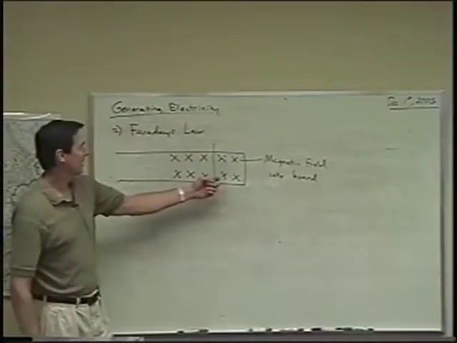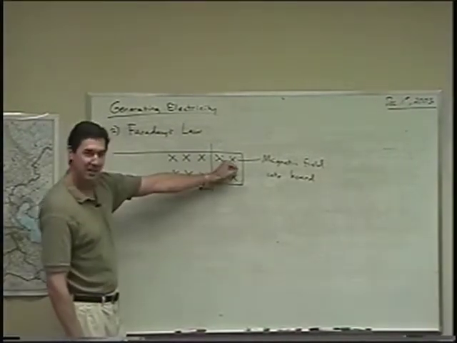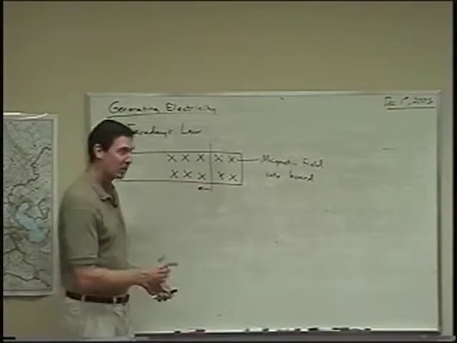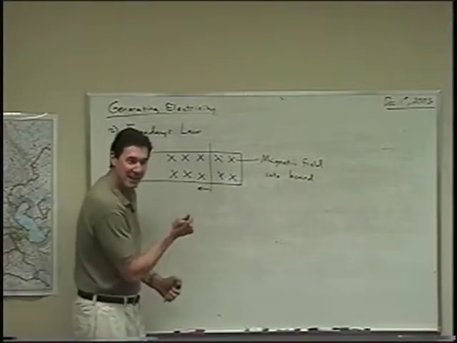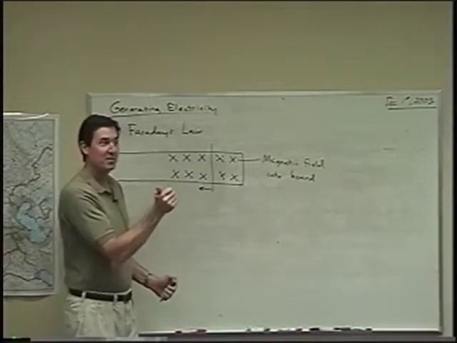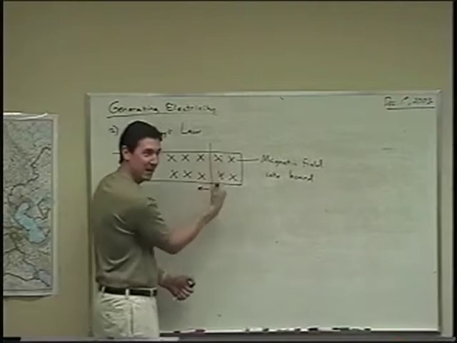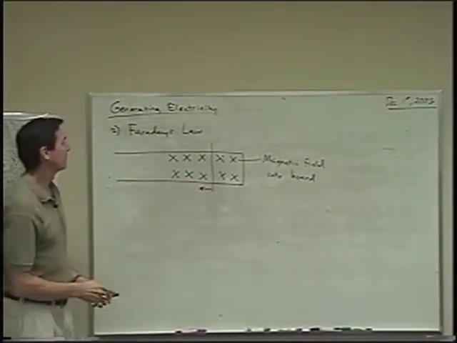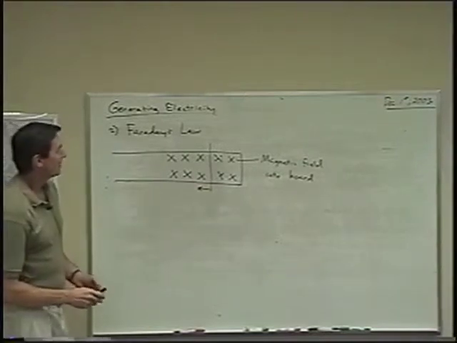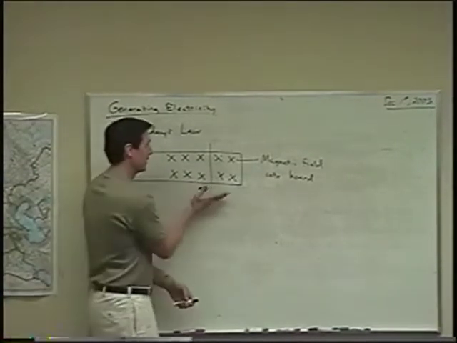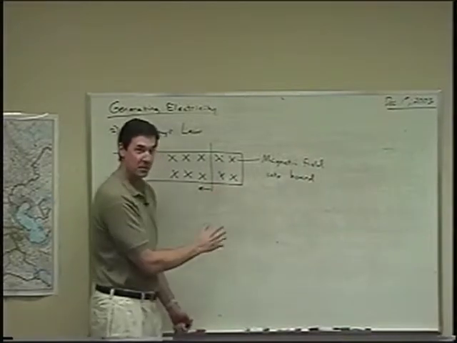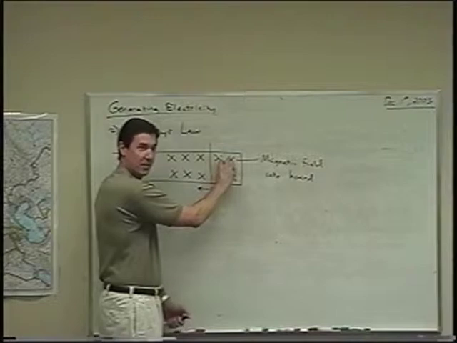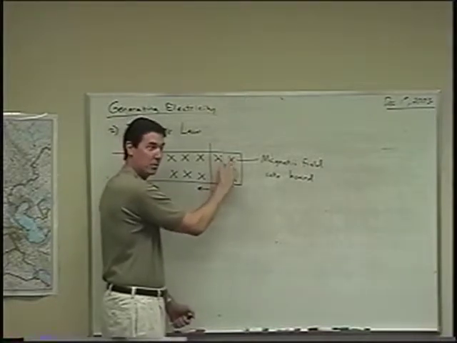So applied to this case, if I increase the magnetic field through this loop, current will start flowing to create a magnetic field that opposes that increase. So it's got to flow counterclockwise. So that's one way to get a current flowing counterclockwise, is to increase the strength of the magnetic field through the loop.